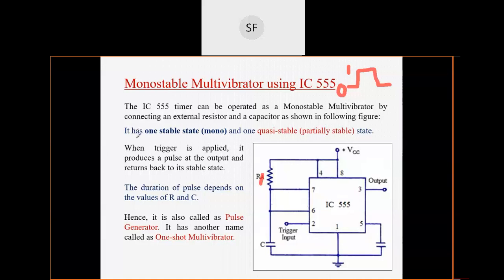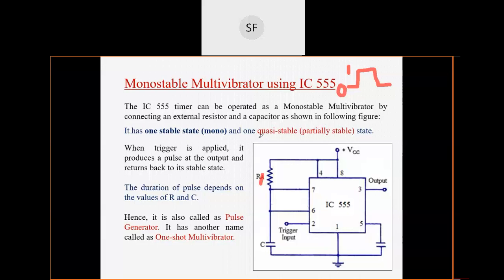So again, what is monostable? Why monostable? It has one stable state. Out of two, one state will be stable. It can be 0, it can be 1, depending on the application. But remember that one state will be stable, and the other will be quasi stable.